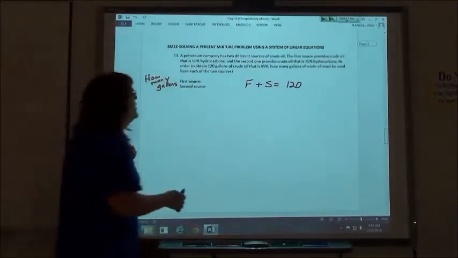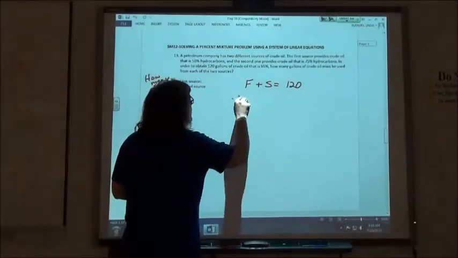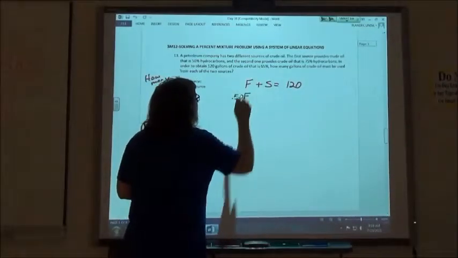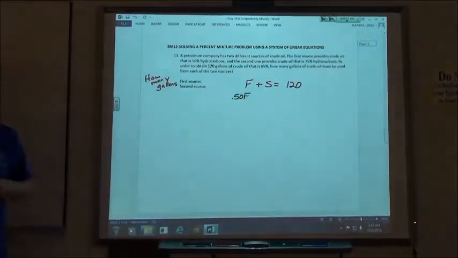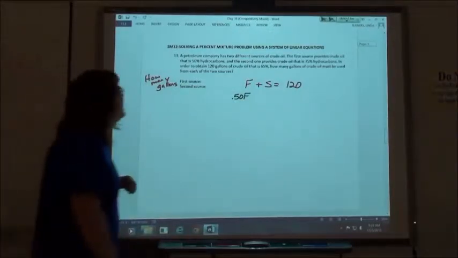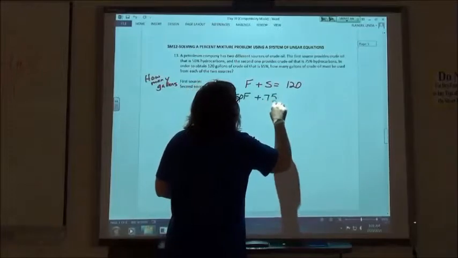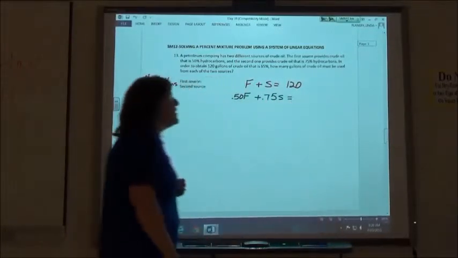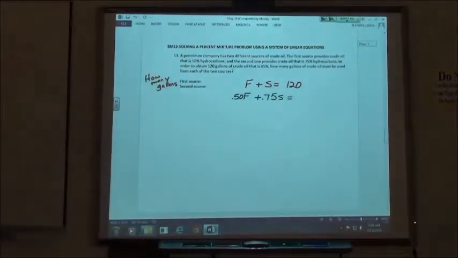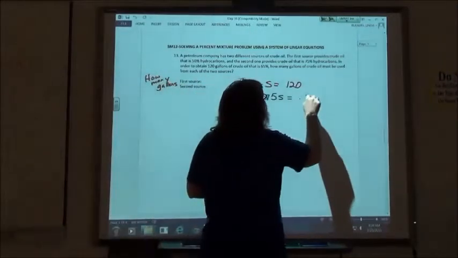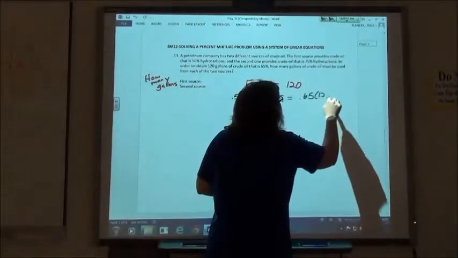The first one is 50% hydrocarbons. So if I do 50% of F, I would get how many hydrocarbons I have. The second one is 75%. So if I do 0.75 S, on the other side, I'm doing 65% of my total to find the total number of hydrocarbons. So I'm going to have 0.65 times that 120.